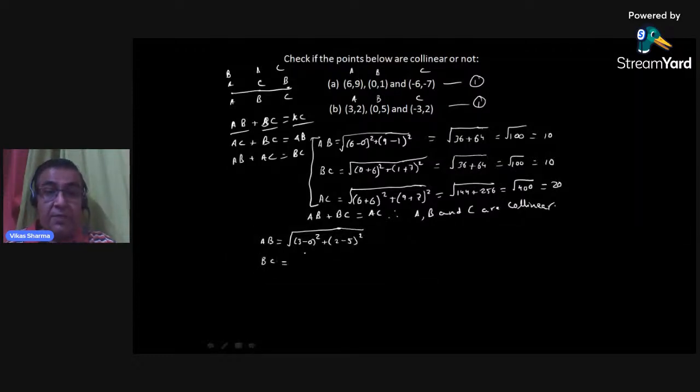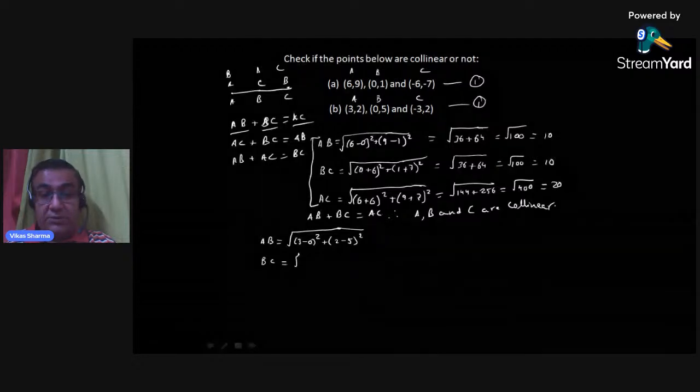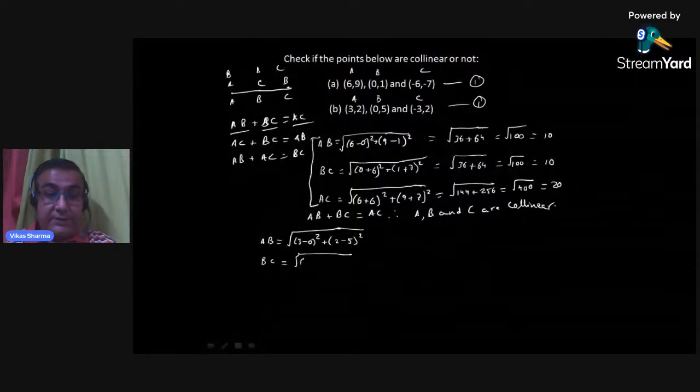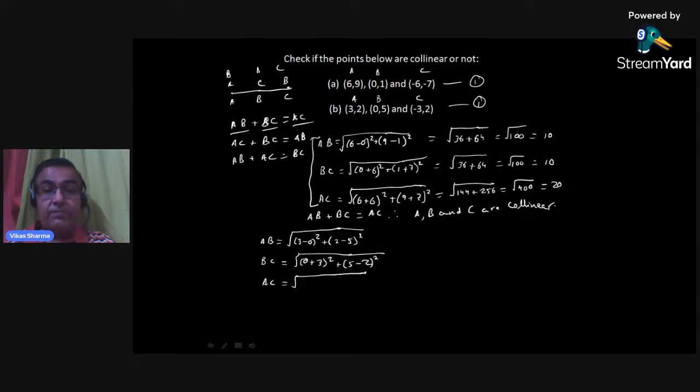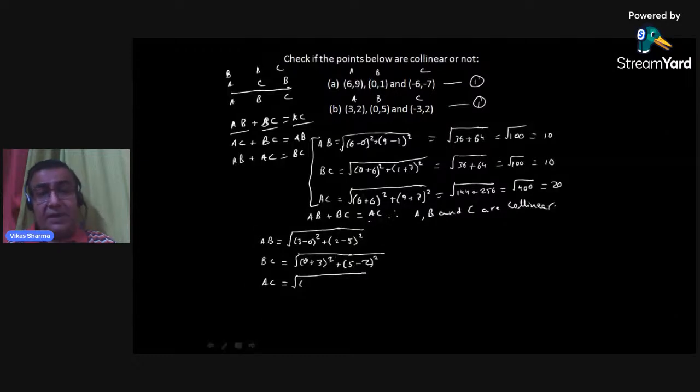BC will be the square root of 0 minus of minus 3, so that becomes 0 plus 3 whole square plus 5 minus 2 whole square, and AC would be the square root of 3 minus of minus 3, so that becomes 3 plus 3 whole square plus 2 minus 2 whole square.